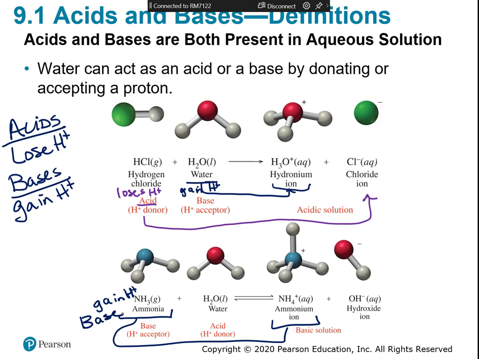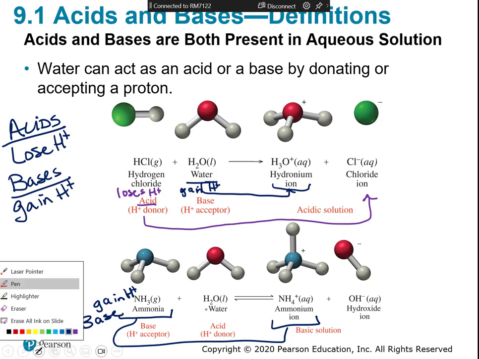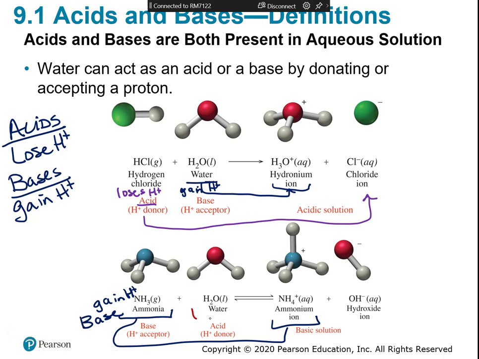Now in this one, water is still participating in this reaction, but the water in this reaction goes from H2O to OH-. So what happened to it? It loses. Okay, so just look at the reactant side, then the product side. You're just comparing the most similar pairs, whether they gained or lost a hydrogen ion.